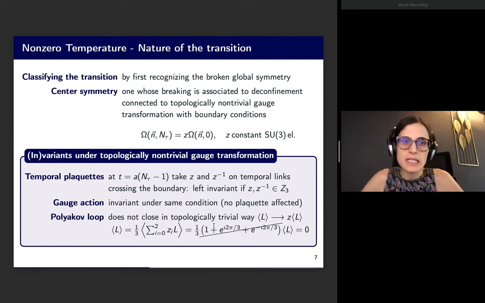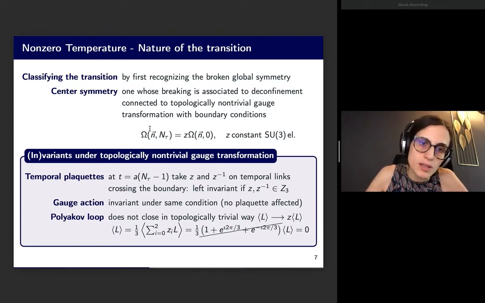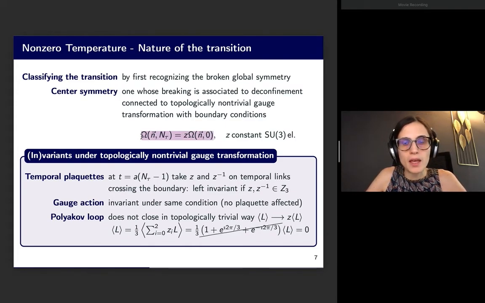Center symmetry is connected to topologically non-trivial gauge transformations with the boundary conditions that are expressed in this relation. So you have omega, which is a matrix in SU(3), and this is the gauge transformation, and it is made topologically non-trivial by the fact that it satisfies these boundary conditions, where you see that there is a small z, which is a constant element in SU(3) to begin with.